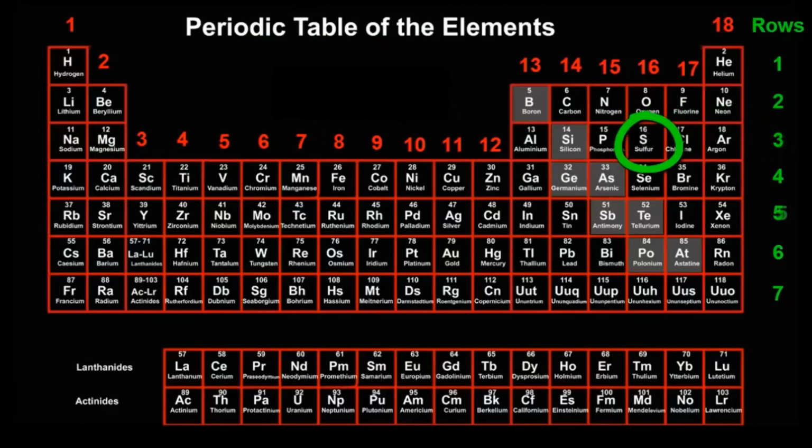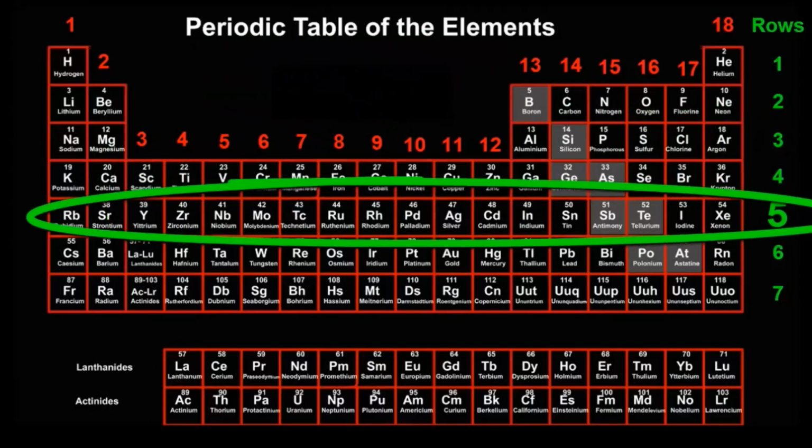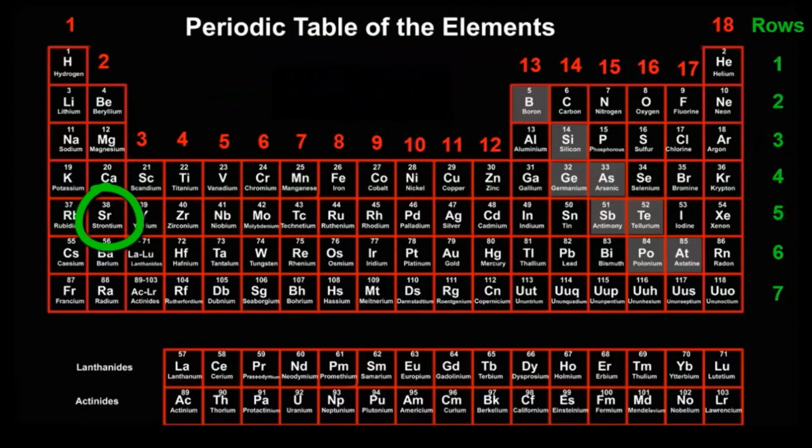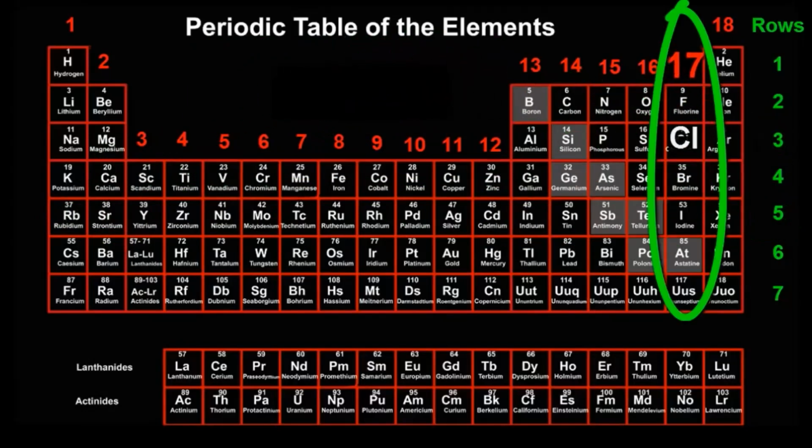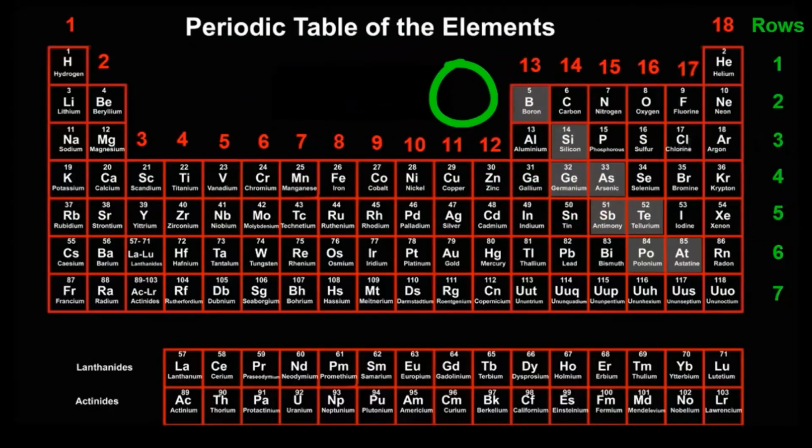Choose any element in the 5th row. There are a lot of possible answers for this. Could be strontium, tin, iodine. You choose. Which group is chlorine in? Group 17. Choose an element in group 15.